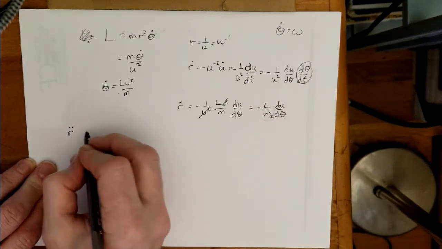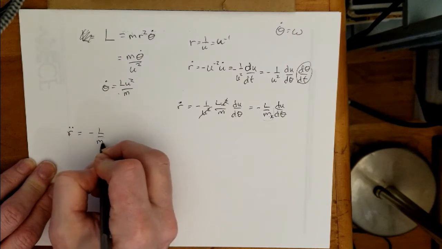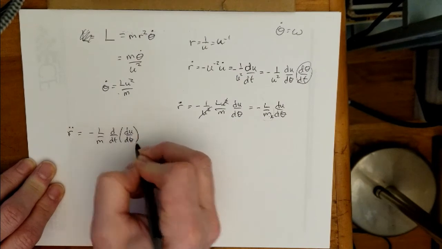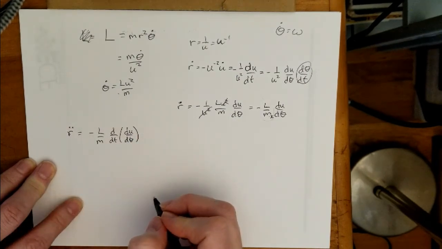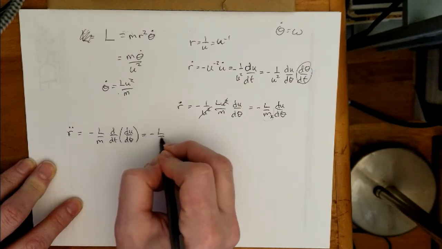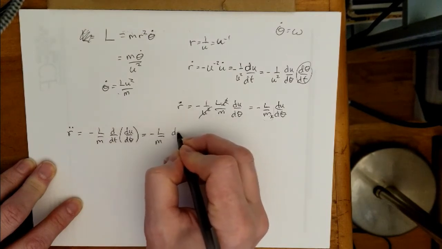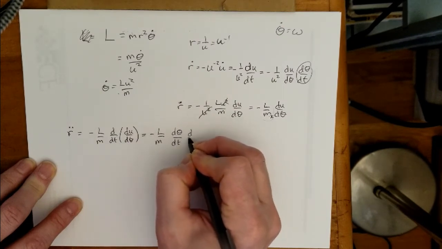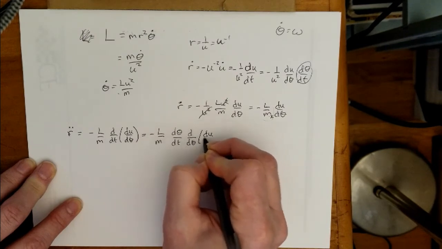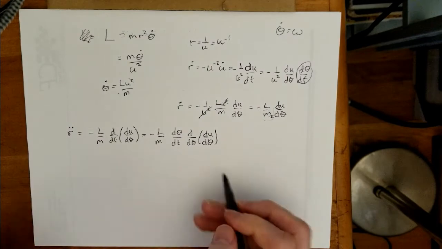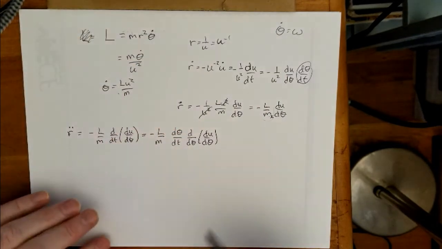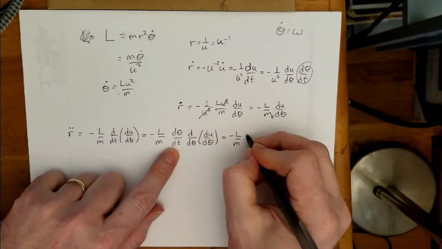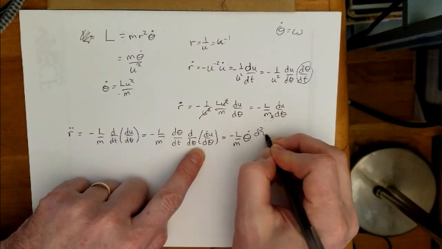That is a constant, and so this just becomes negative L over m times the time derivative of the angular derivative of u, which is negative L over m times d theta dt times d d theta of du d theta. You can always double check working backwards. The d thetas would cancel out and you're left with negative L over m times theta dot times the second derivative of u with respect to theta.